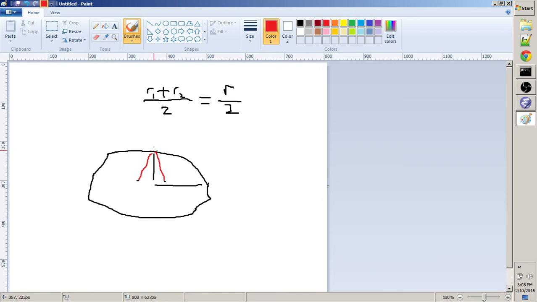So R1 equals R2, and for that to be possible, they both have to be R over 2, so that they add up to a total of R and are equal.